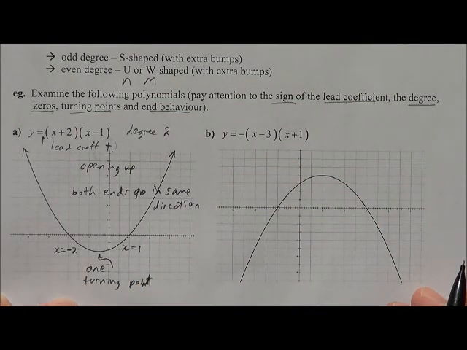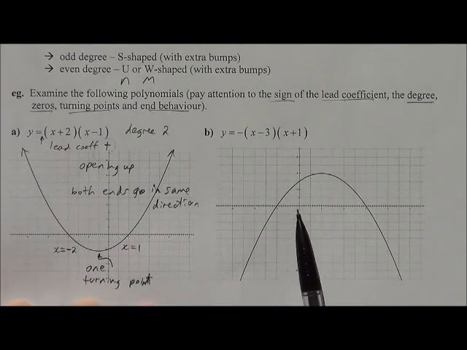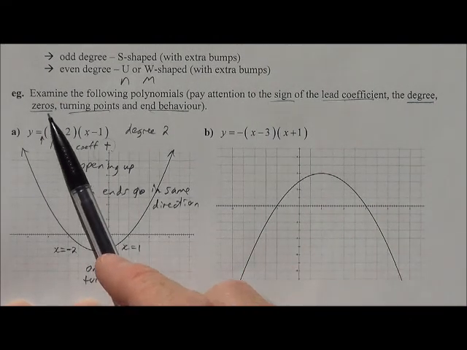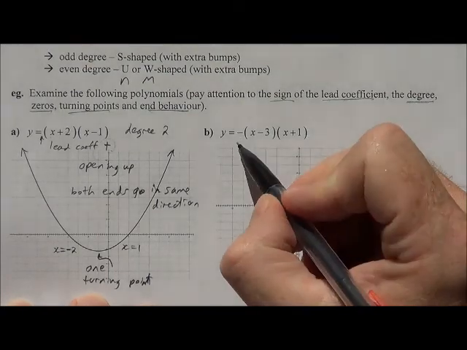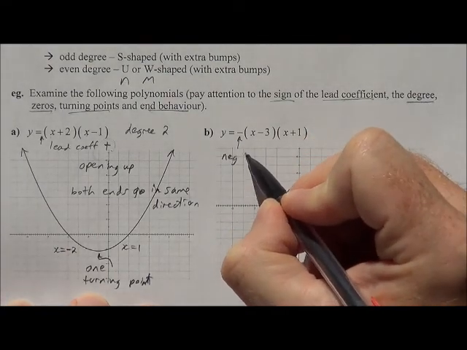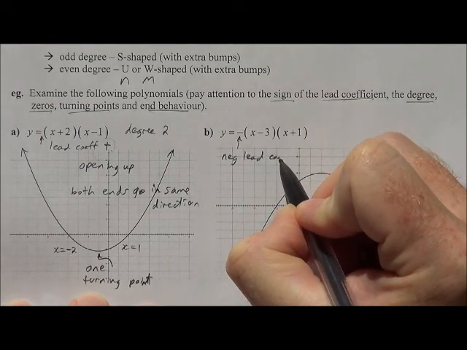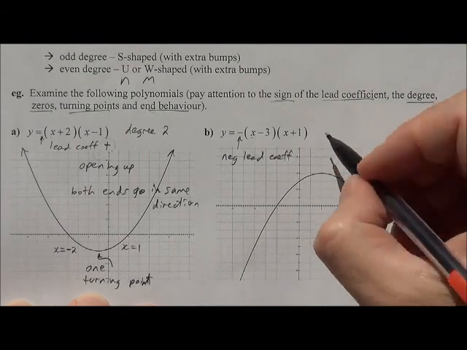Moving right along. Pause the video and analyze this one using the same technique. So pause right now. The sign of the lead coefficient is going to be negative. Again, we've got two factors.